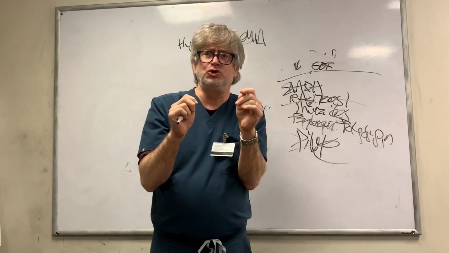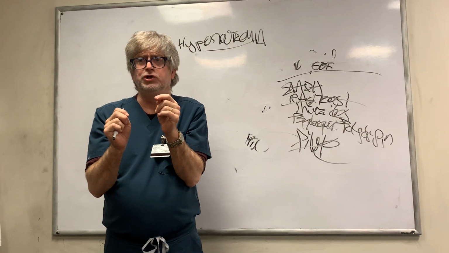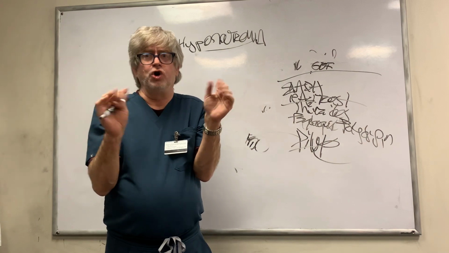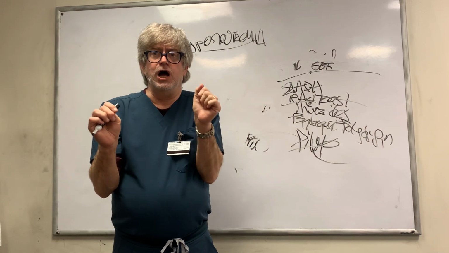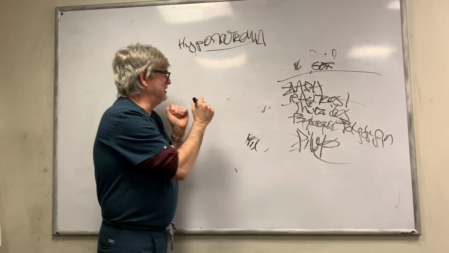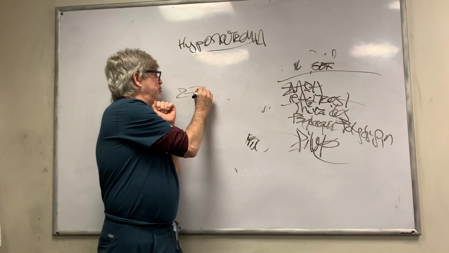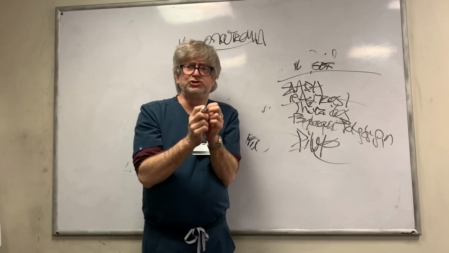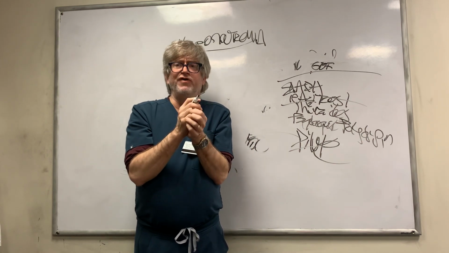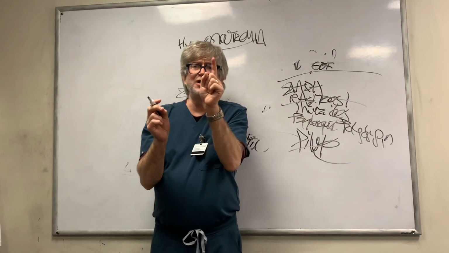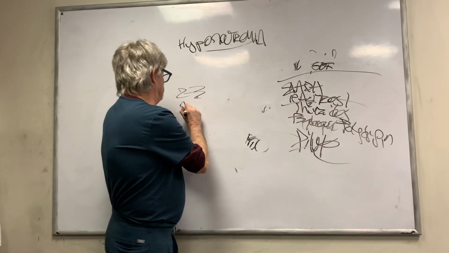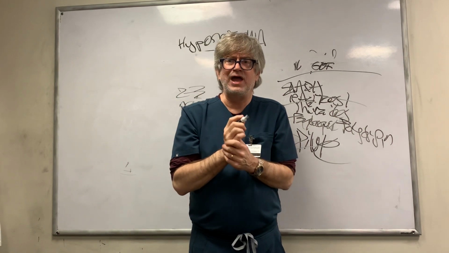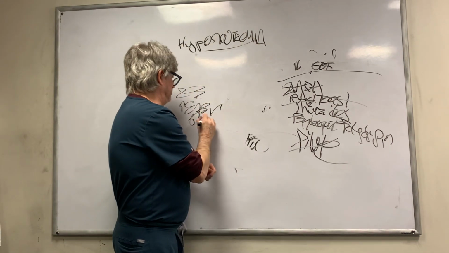With SIADH, you can't have any cardiac, renal, adrenal, pituitary, hepatic, or thyroid dysfunction. But these people are releasing ADH, and you get about 2 to 3 liters of excess fluid. So these patients are somewhat volume expanded, but they're not edematous. But unlike the other causes, they have slightly increased effective arterial blood volume. Okay, and their GFR is increased a little bit.